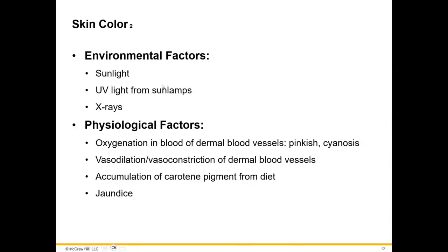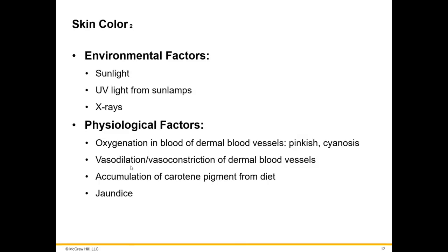Okay, environmental factors do affect the skin. Sunlight, of course, as we were saying, but also ultraviolet light from sun lamps and X-rays. And then there are physiological factors. Oxygenation in the blood of dermal blood vessels will give a person more of a pinkish tone, but if there's a lack of oxygen, then it's cyanosis. It looks a little bit more light bluish. Then there's vasodilation and vasoconstriction of your dermal blood vessels.